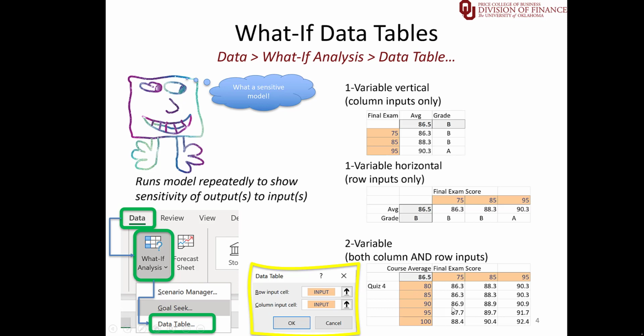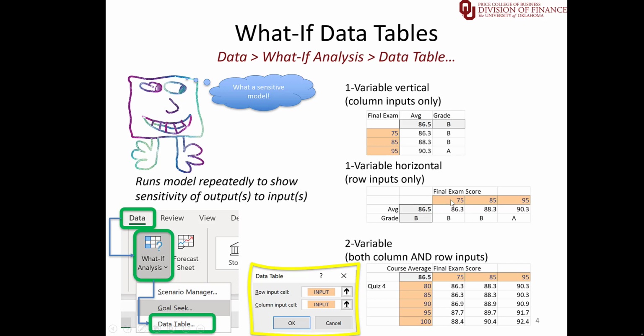So just to illustrate one last time, if I got an 85 on the final and a 95 on quiz 4, I would get an 89.7 in the class. Now, under my course grading scheme, that's a B, but we don't have a way in a two variable data table to say that, do we? Think about it. Up here, we could only have room for one input, but I could make as many columns of outputs as I wanted.